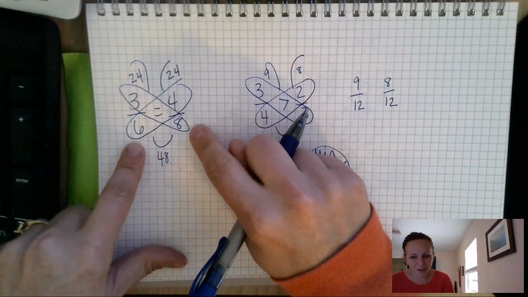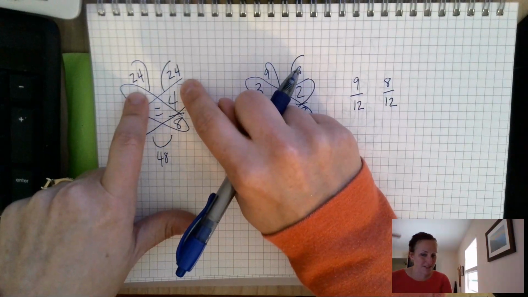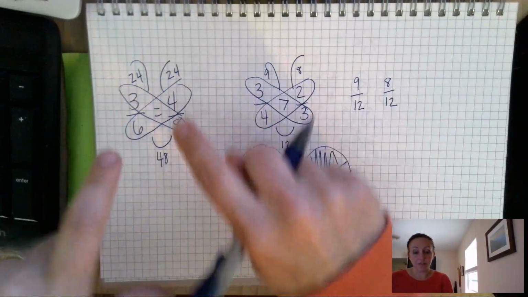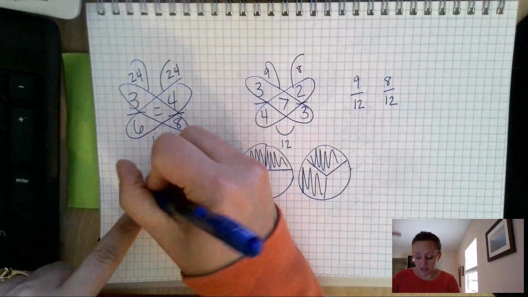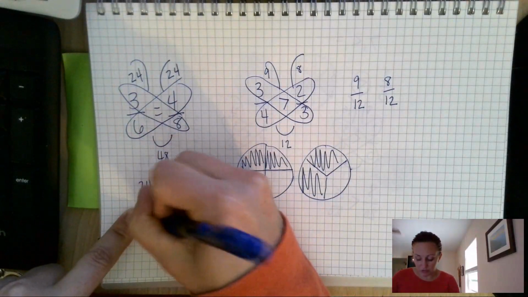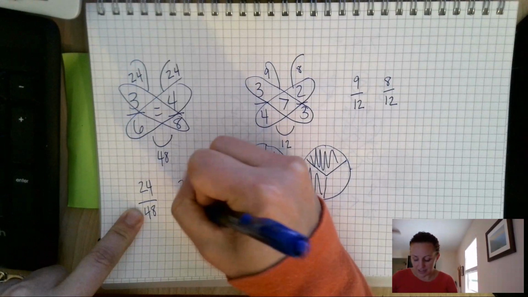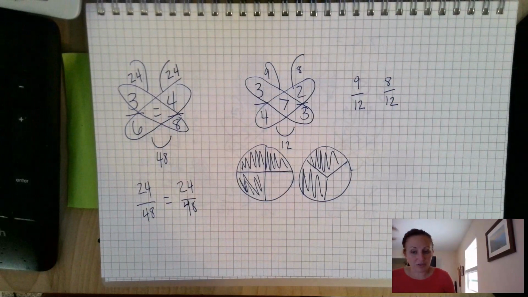If you do this butterfly strategy and they end up with the same number on top, the fractions are equal to each other. Okay, the bigger number is over the bigger fraction, but if they're both the same, right, this is 24/48 and 24/48, those two fractions are equal to one another.